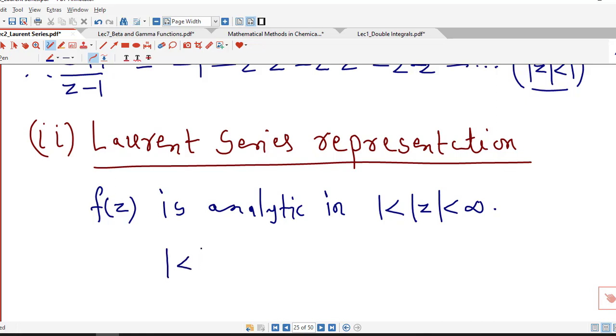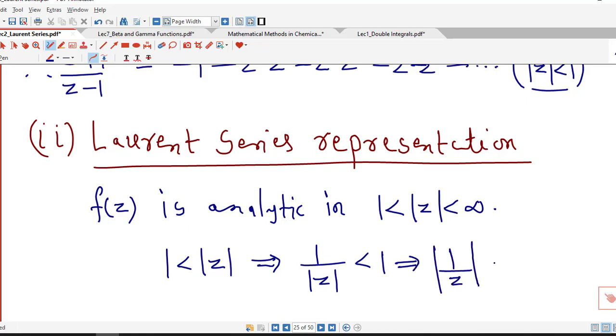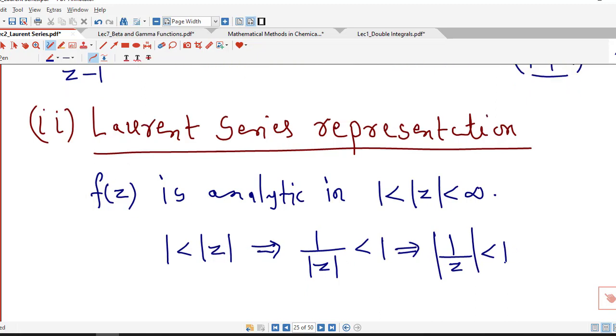So 1 less than mod z gives me 1 over mod z is less than 1, because mod z is greater than 1, that means z is different from origin. So z is not equal to 0, so the absolute value of z is non-zero, therefore we can divide with the absolute value of z, and this we can rewrite as the absolute value of 1 by z is less than 1.